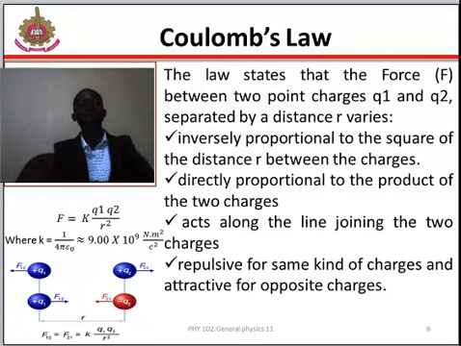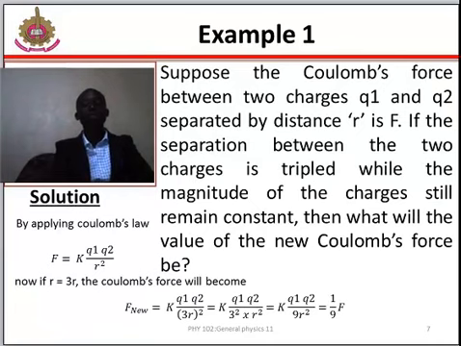Now let's take an example on Coulomb's law. Suppose the Coulomb force between two charges Q1 and Q2 separated by distance r is F. If the separation between the two charges is now tripled while the magnitude of the charges remains constant, what will be the value of the new Coulomb force?